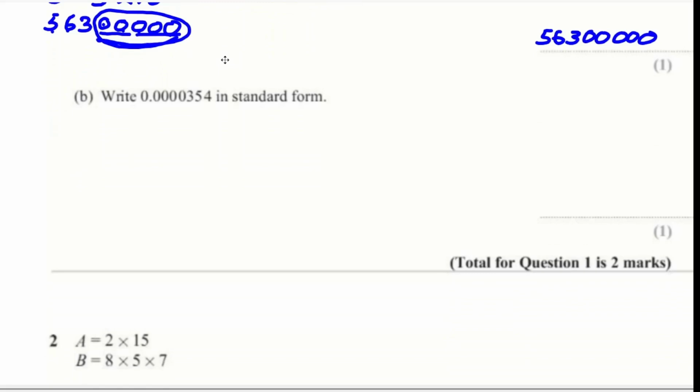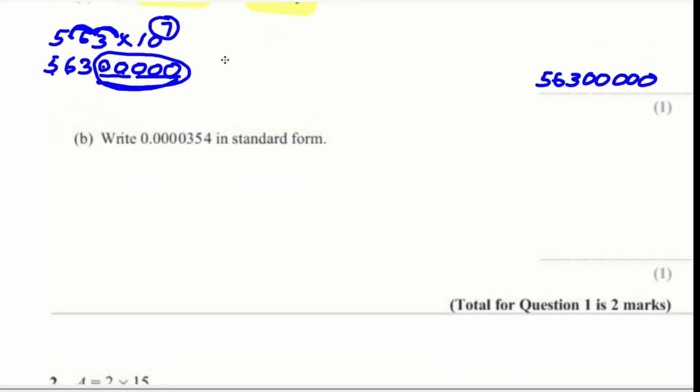Now standard form. If the number is a decimal one, you may still be asked to write it in standard form. Write the number 0.00000354 in standard form. You have to figure out where the decimal point is. Here, this is the decimal point.